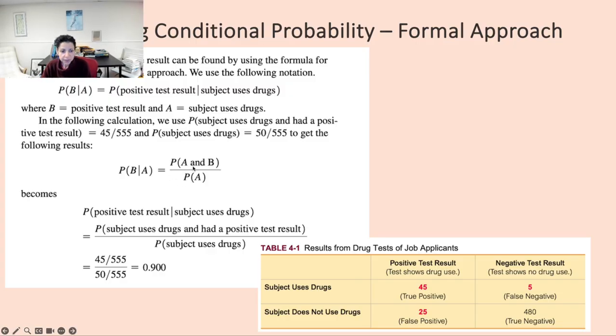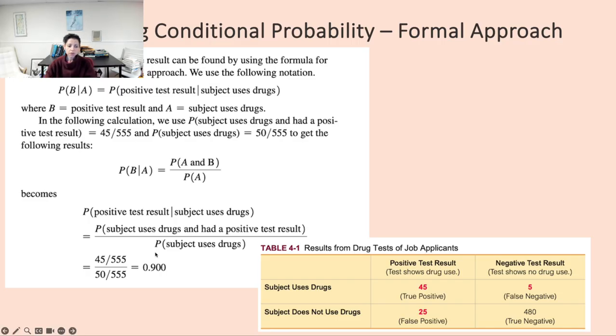So probability of A and B. This means that it's the probability of subjects that use drugs and have a positive test result multiplied by positive test result given that subject uses drugs over number of subjects who use drugs.